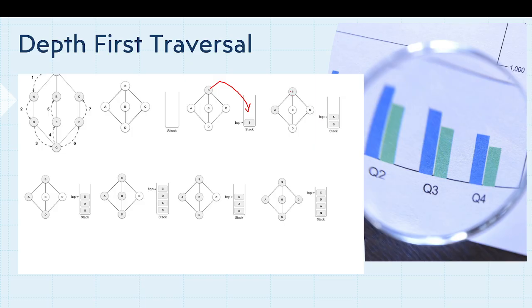Next, all the nodes that are connected to S, that is A and B, are put onto the stack. We select the element on the top of the stack, that is A, and put the other elements that are connected to A that are unvisited onto the stack, which is D.